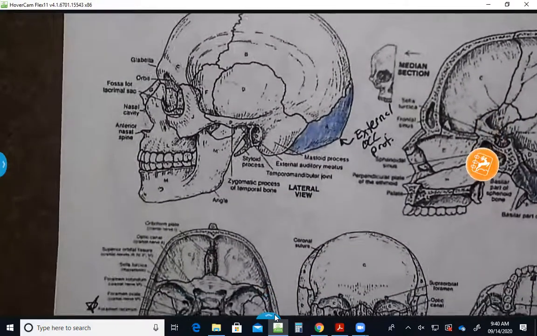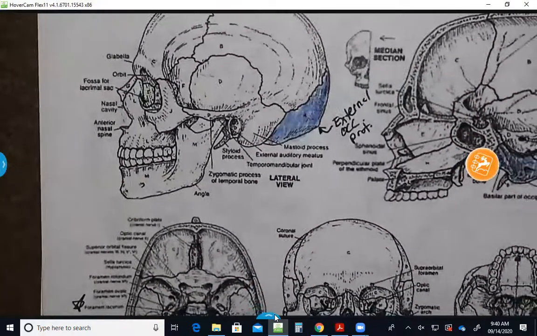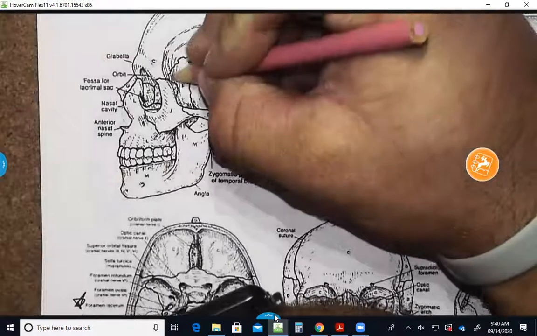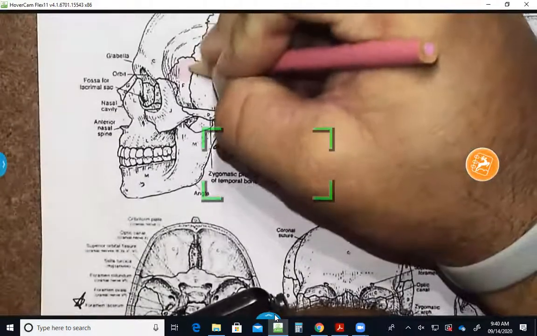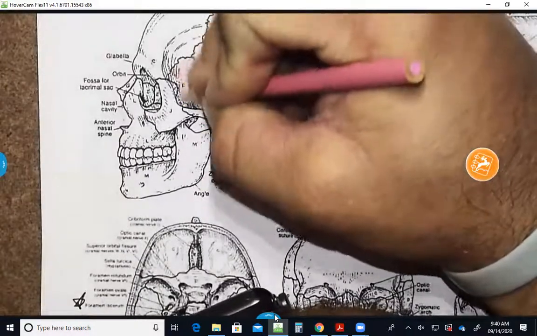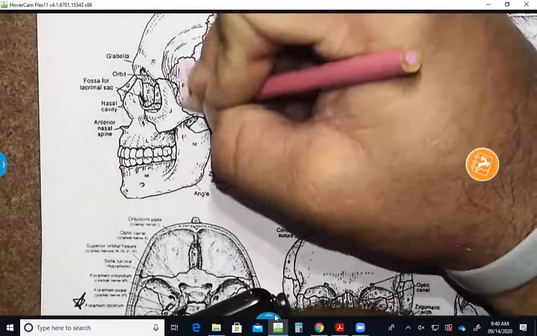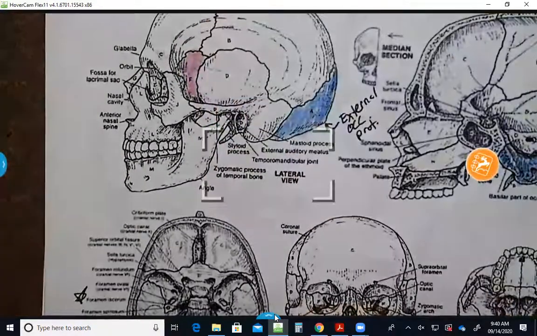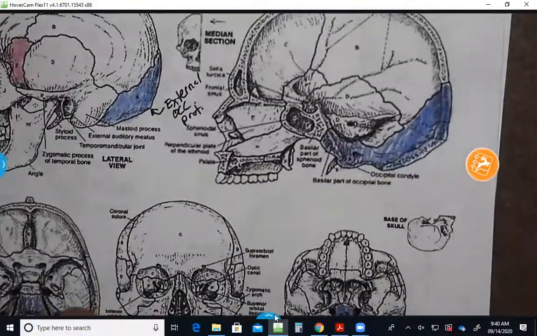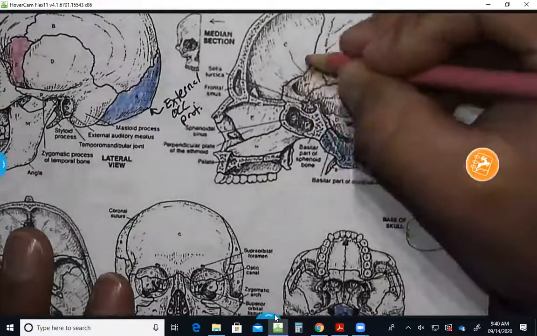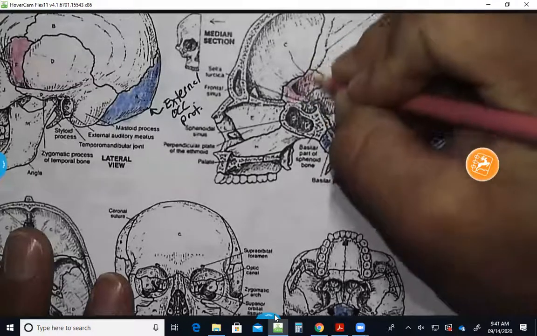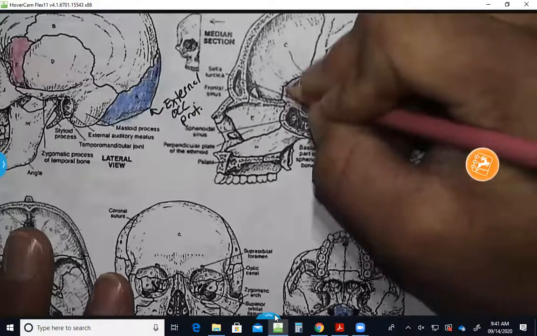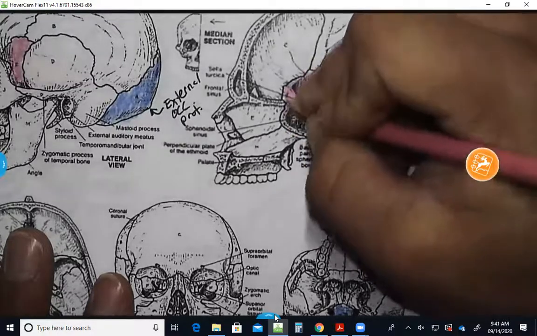But that is also visible on the outside from our lateral view, as it does form part of our cranial wall. Here in our mid-sagittal view is where you can see the majority of this bone and its kind of weird features.